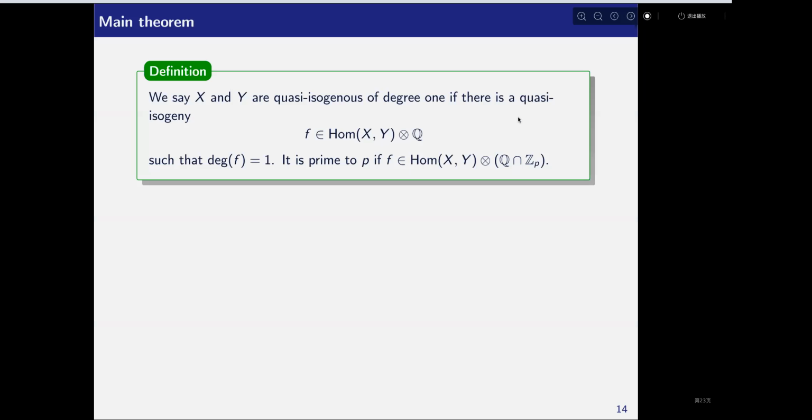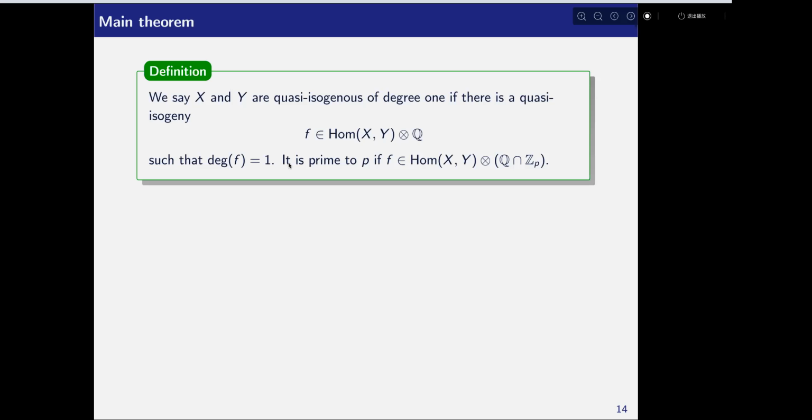Before I state the main theorems, I first introduce a notion: quasi-isogeny of degree 1. For two abelian surfaces X and Y, we say X and Y are quasi-isogenous of degree 1 if there is a quasi-isogeny F from X to Y, a map with rational coefficients, and the degree is 1.